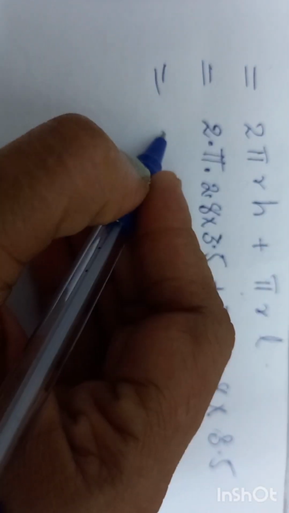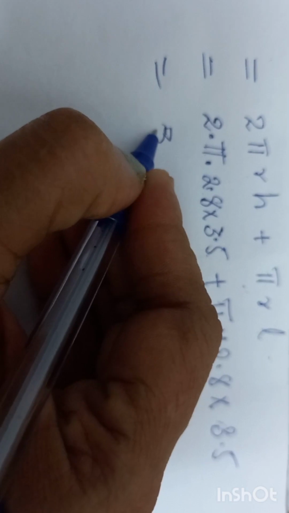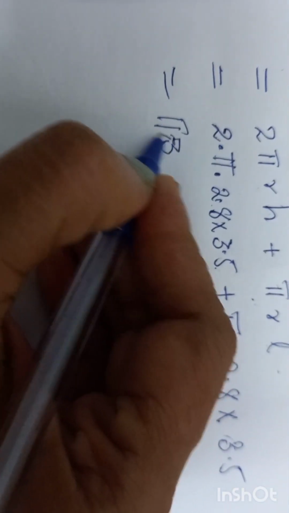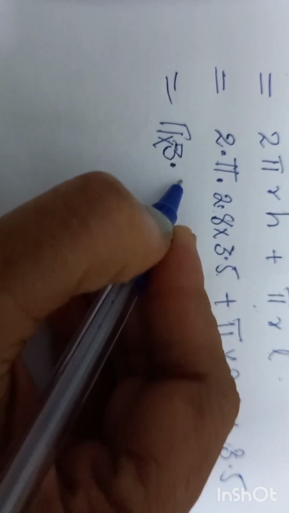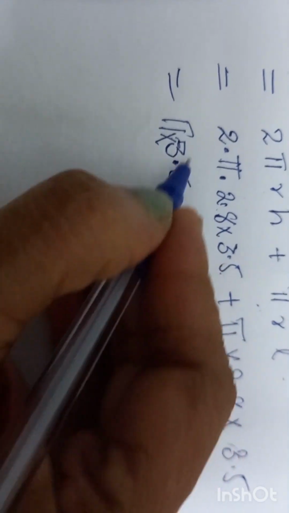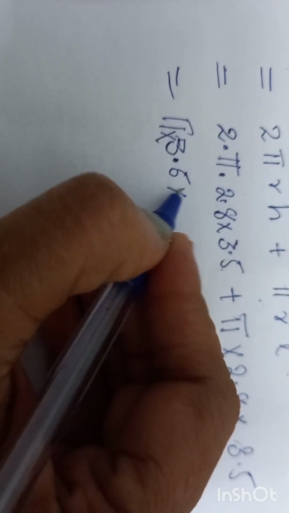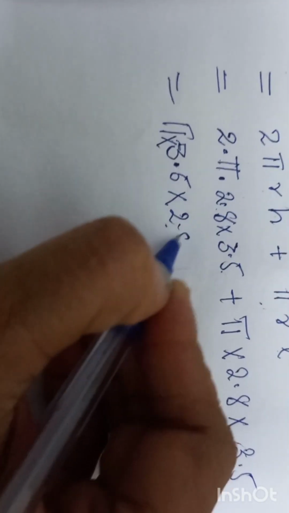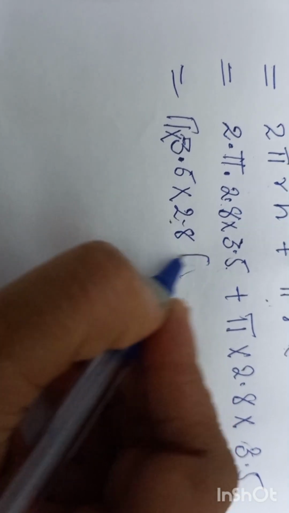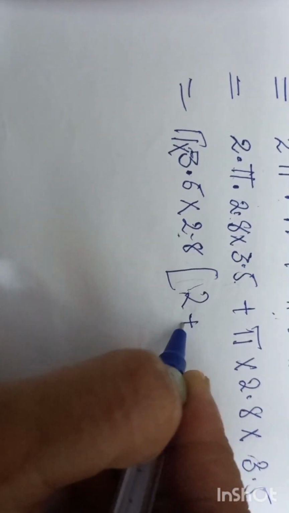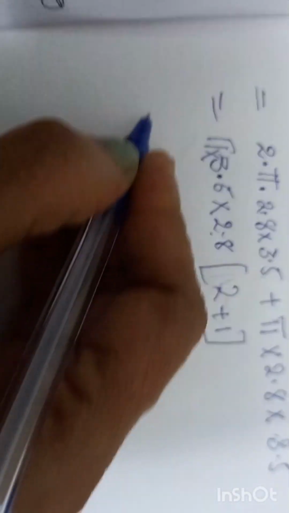So 3 pi into 3.5 into 2.8 is common. Then what is remaining? 1, 2 is remaining. 2 plus 1 we get 3, isn't it?